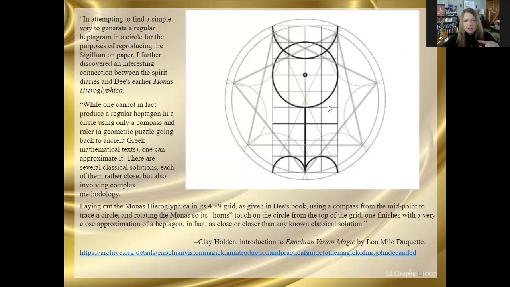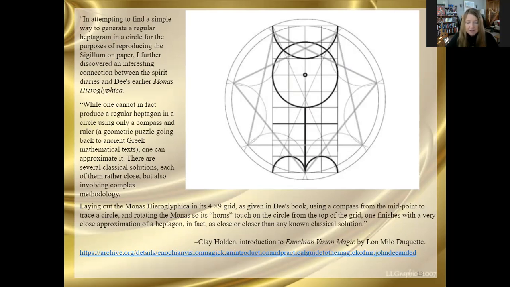Now, I did say I was going to come back and talk a little bit about Clay Holden's discovery with the monad when he drafted it. So I'll just tell you what Holden says about it in his introduction to Enochian Vision Magic. He said, in attempting to find a simple way to generate a regular heptagram in a circle for the purposes of reproducing the seal, the Sigillum, and what's he talking about?